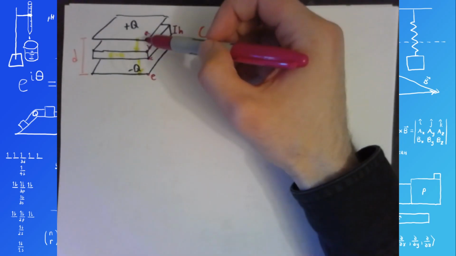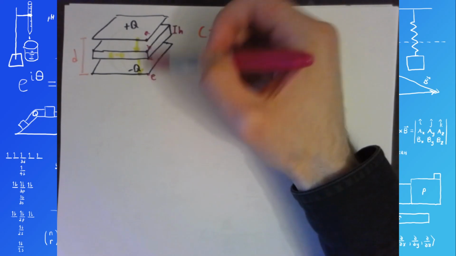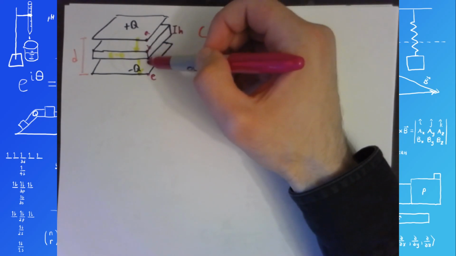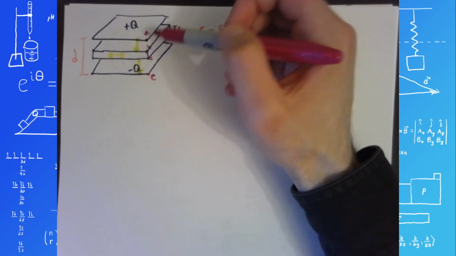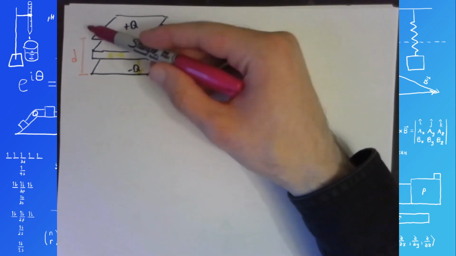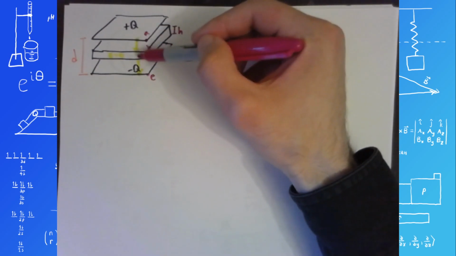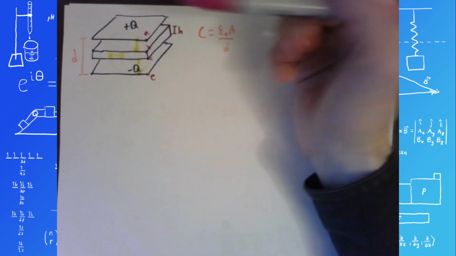So essentially, instead of integrating all the way from A to E, we're integrating from A to B, we're skipping B to C, and then we're integrating again from C to E. So essentially, we're integrating over the same distance minus the distance from B to C, which adds nothing to our voltage integral.